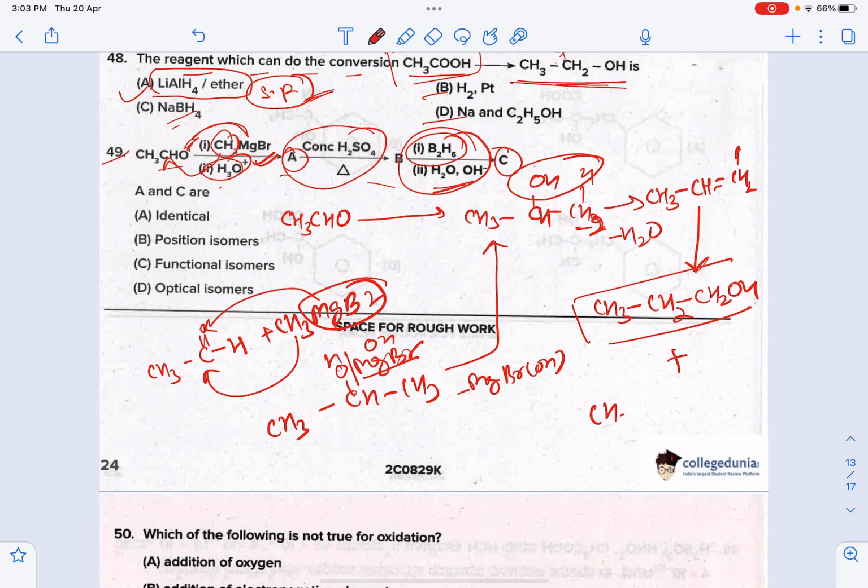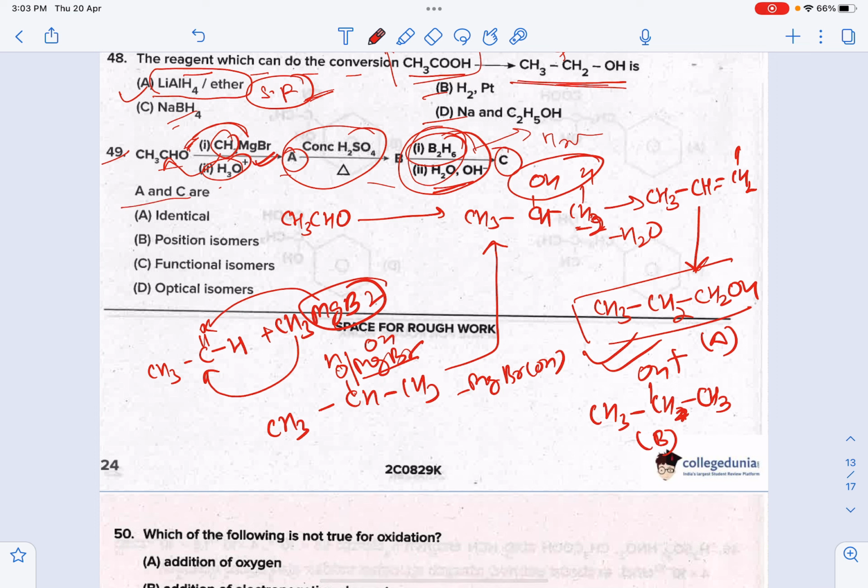The secondary alcohol is also formed, but A is the major product, because hydroboration with peroxide is anti-Markovnikov.